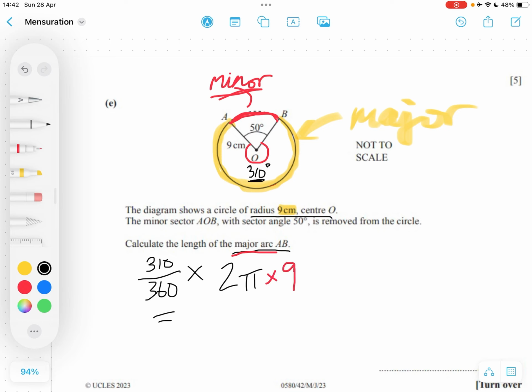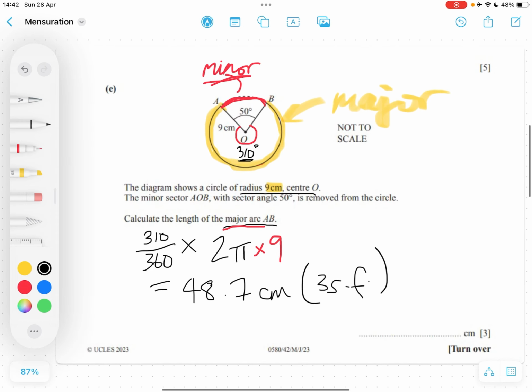We can just put that into a calculator, and you should be getting an answer of 48.7 centimeters to 3 significant figures. You should always give any length or those kind of measurements to 3 significant figures and angles to 2 decimal places. So that's 48.7.